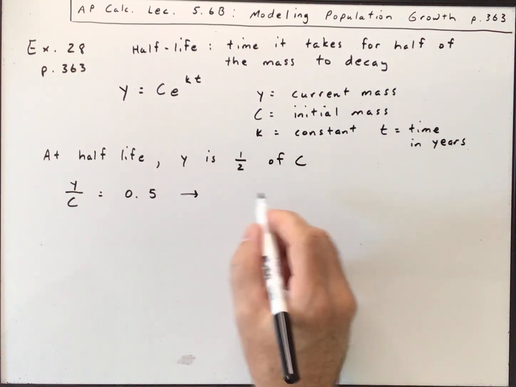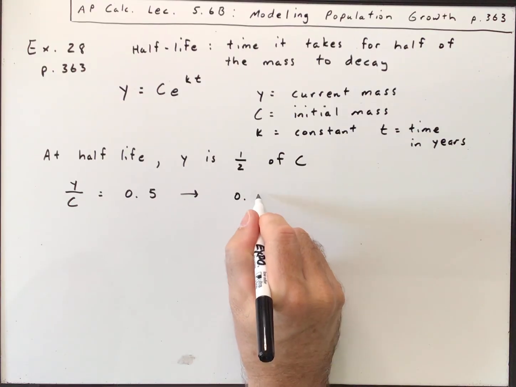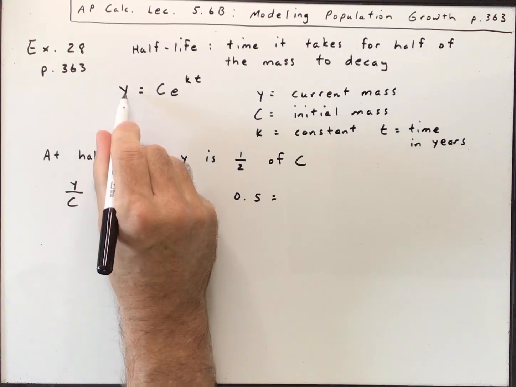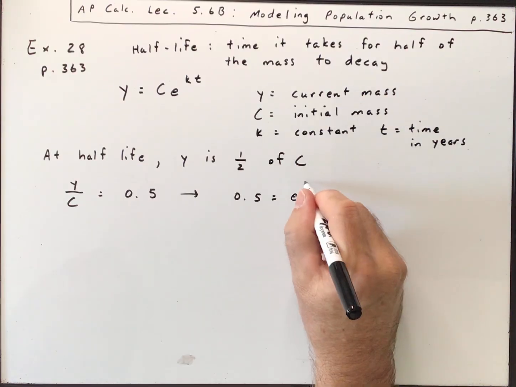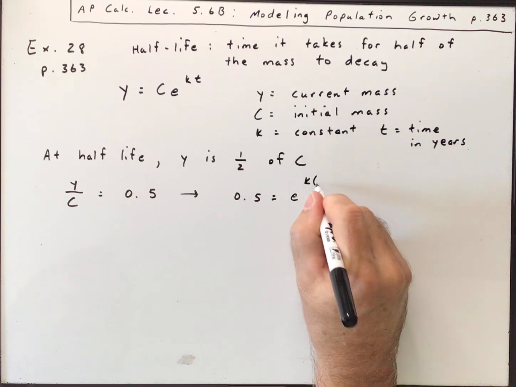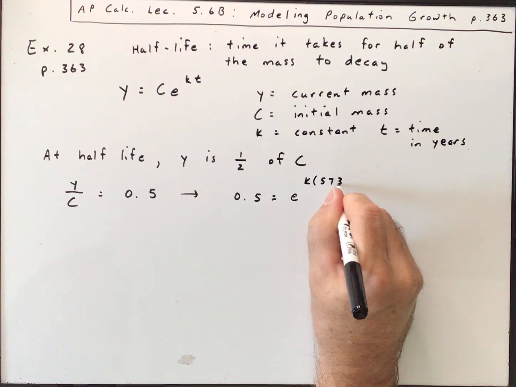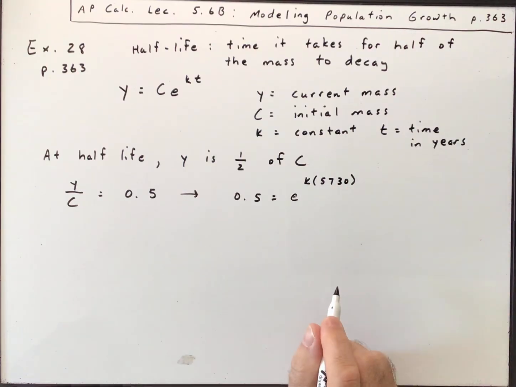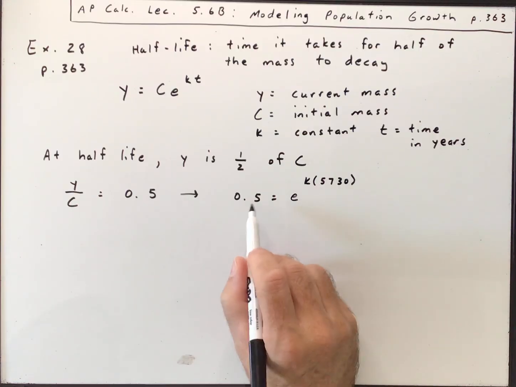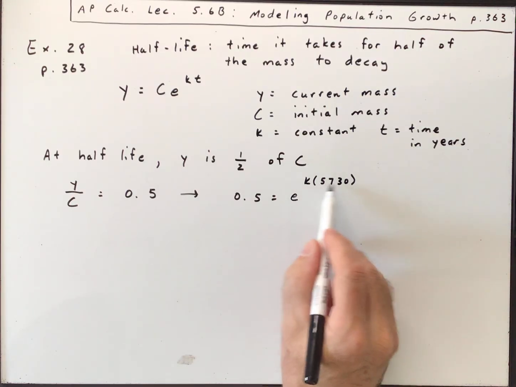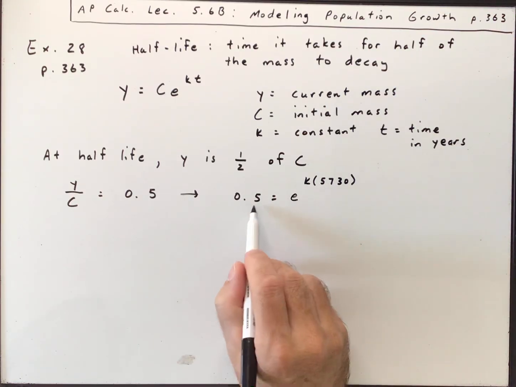So we could say that 0.5 is equal to, because Y over C is 0.5, E to the K times 5,730 years. So I can get K for this substance, knowing the half-life, knowing the time that it takes for half of the mass to be lost.